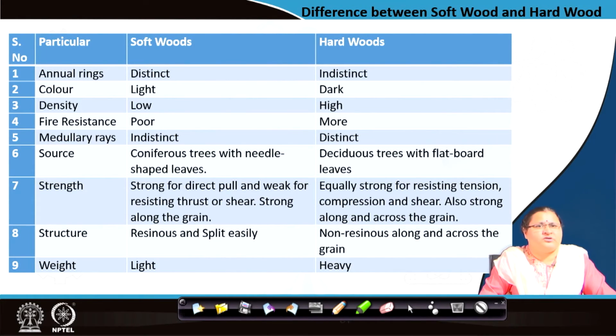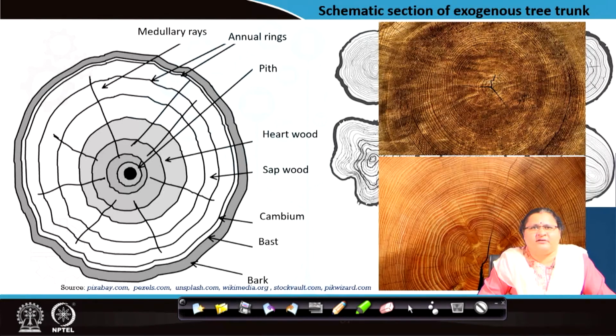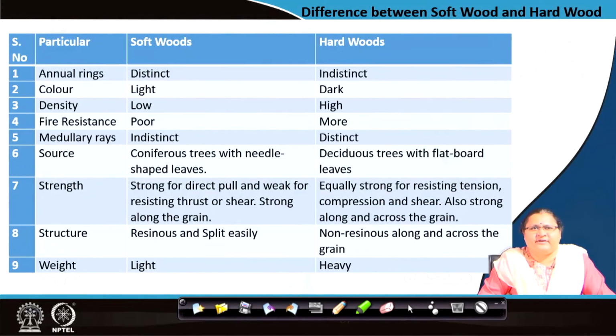As we understood, the annual ring in case of coniferous trees, the softwood, is distinct, whereas in case of hardwood it is not so distinct. Color of softwood or the coniferous trees is light, that of hardwood is a little dark. Density, which is a reflection of weight: the softwoods are lighter in weight, whereas the hardwoods are more weighty.